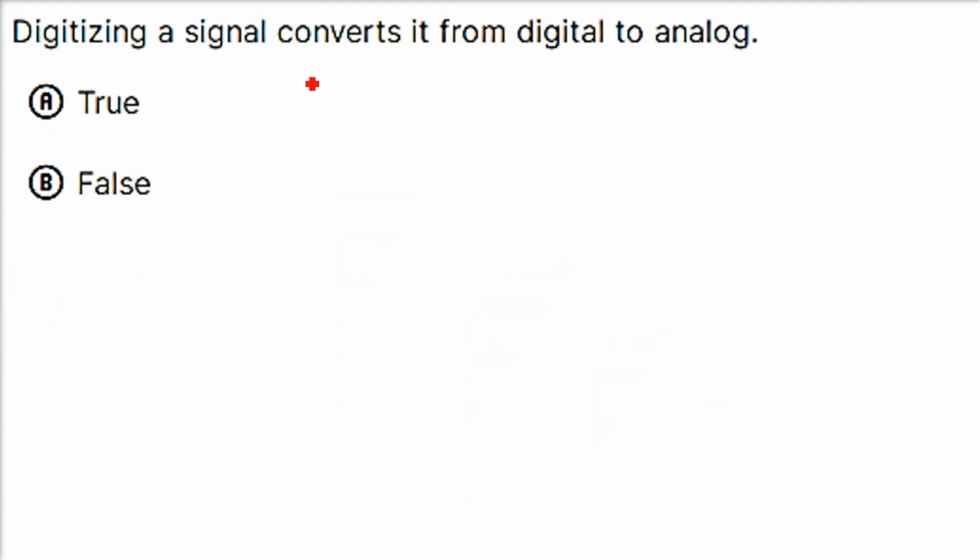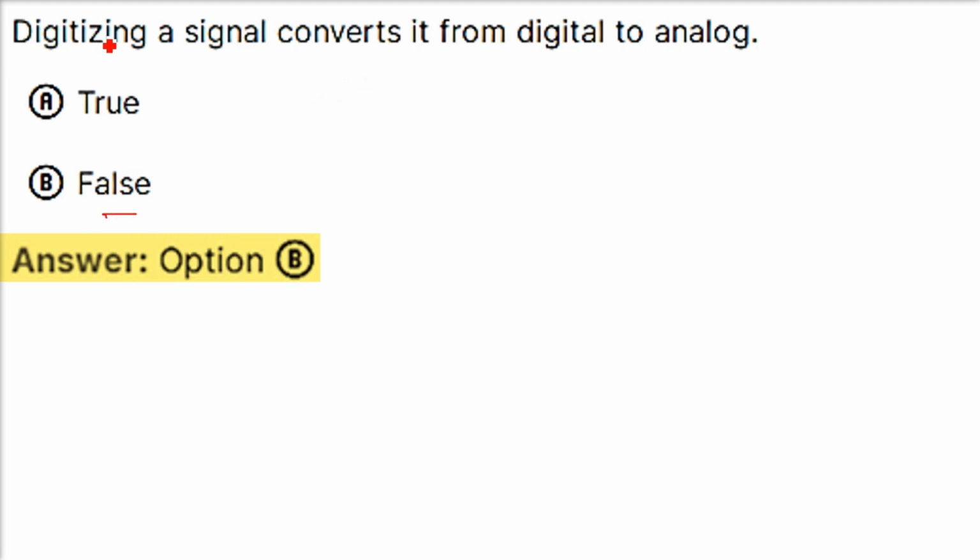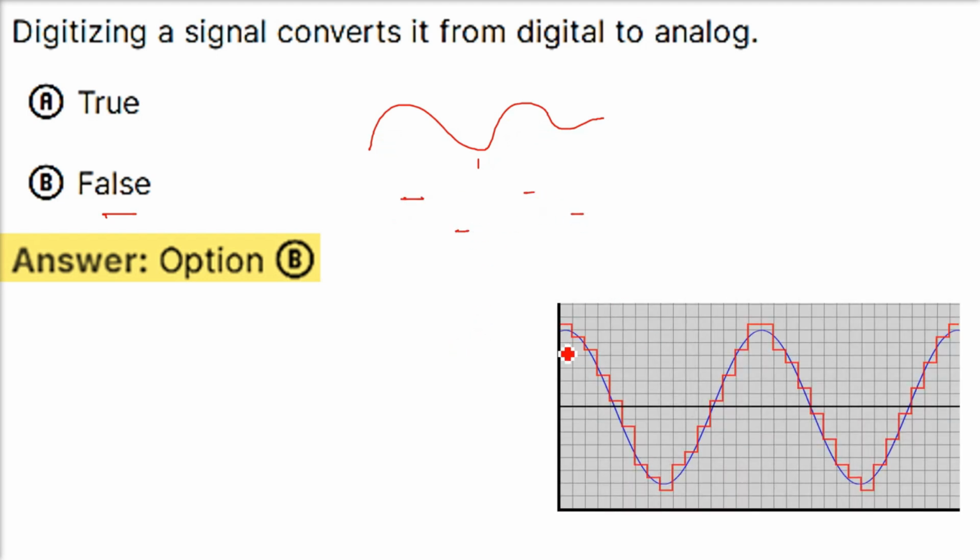Digitizing a signal converts it from digital to analog. Now this is false. Digitizing means you have infinite, continuous values, and you take certain values out of it to make it discontinuous and discrete so that it can be sent as different voltages.